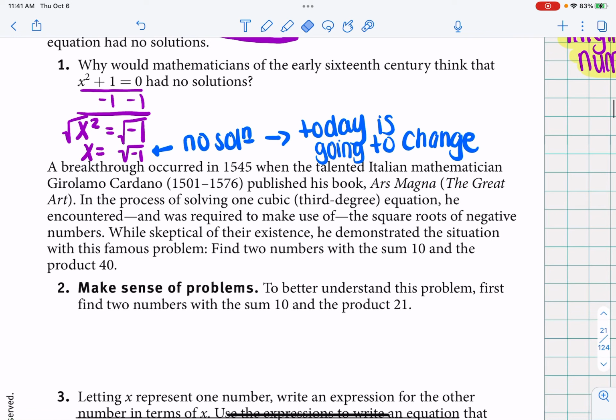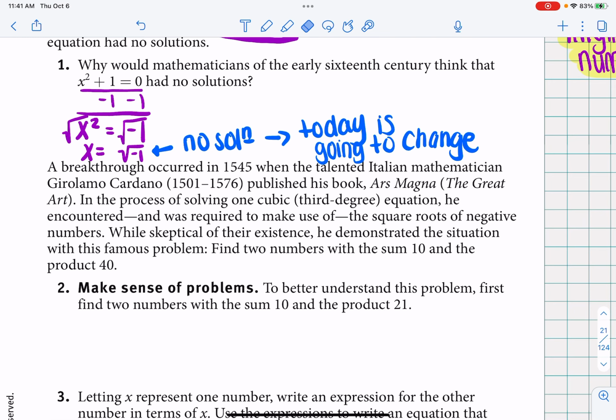So here's what happened. This famous Italian mathematician, and I apologize if I say his name wrong, Girolamo Cardano, published a book known as Ars Magna, which is called The Great Art in English. In the process of solving one cubic, third degree equation, he encountered and was required to make use of the same roots, the square roots of negative numbers.